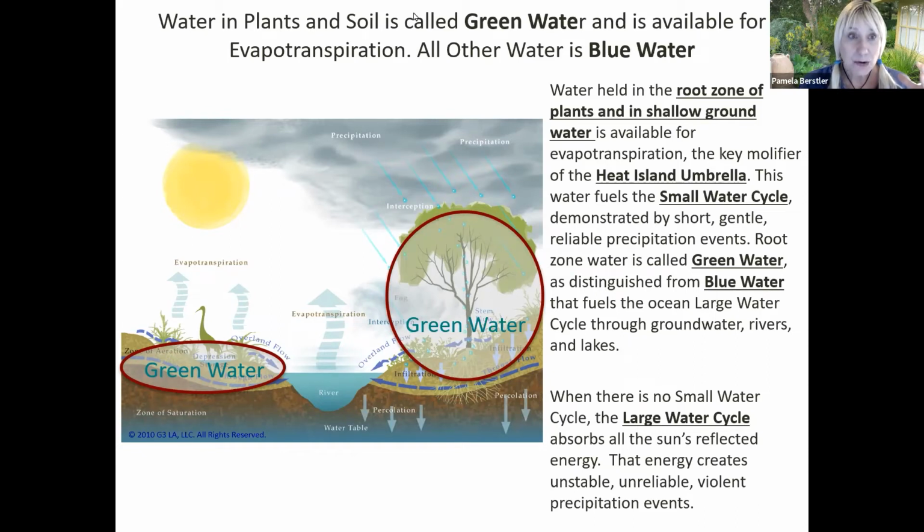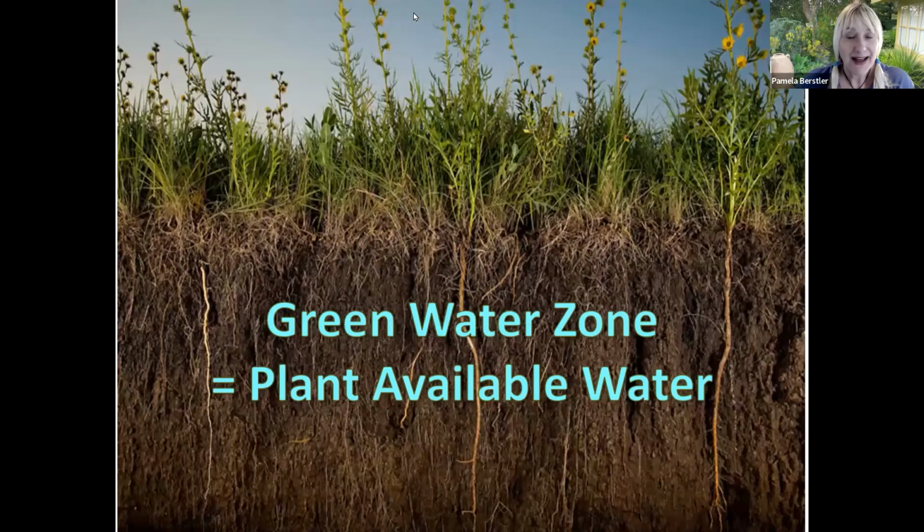Maybe okay in a short term to get something going, but it's not as good. Bringing water in from another watershed to replace the green water, not as good. What is good is precipitation and using that in the green water. So anytime we talk about green water zone, we're going to also be talking about the plant available water zone.